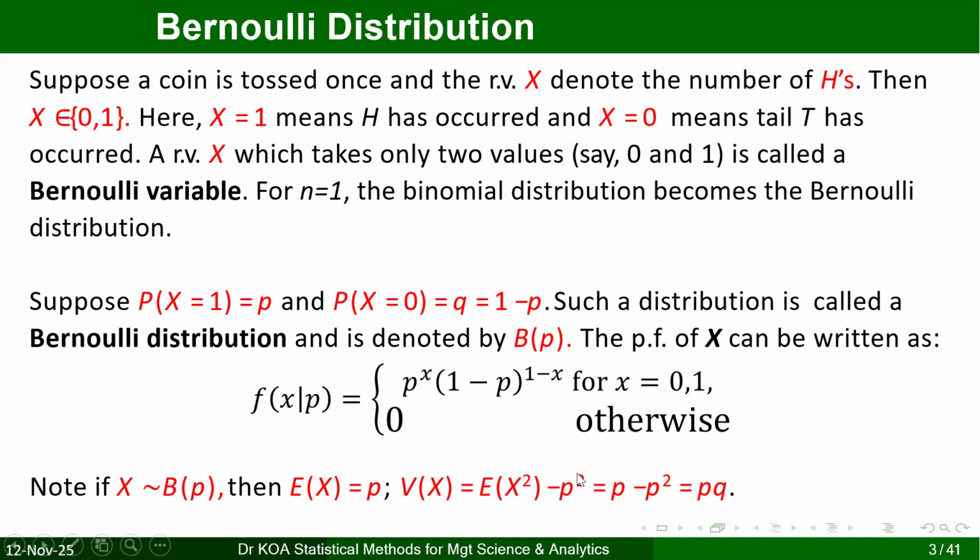Actually, this is not how it's supposed to be. Okay, it's p and 1 minus p. That's how it is. It's p and 1 minus p, which would then give you pq, which is the variance.